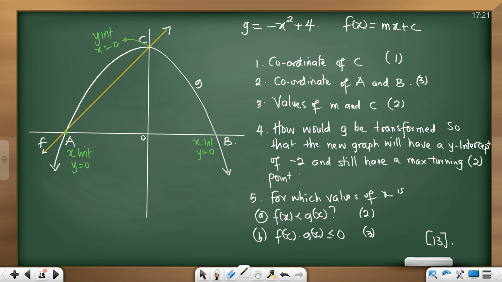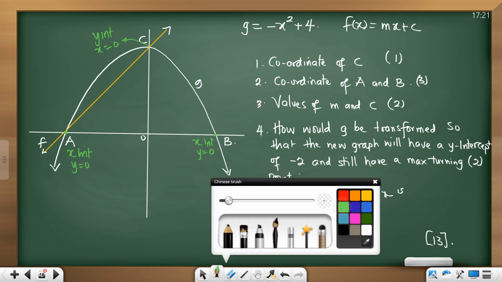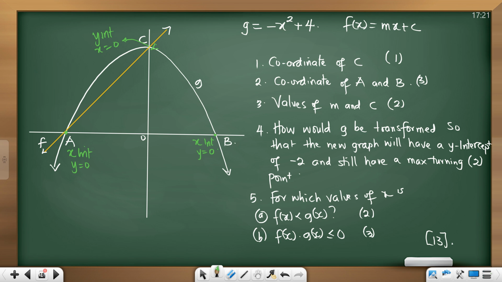How will the graph of G be transformed so that it has a y-intercept of negative 2? What is the y-intercept here? 4. But we want the y-intercept to be negative 2. So what do we do? We shift this entire graph down. We want it to be negative 2.